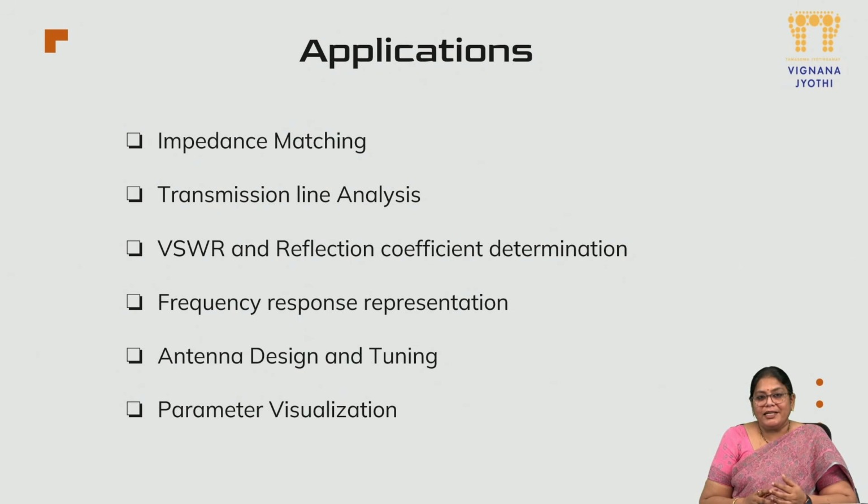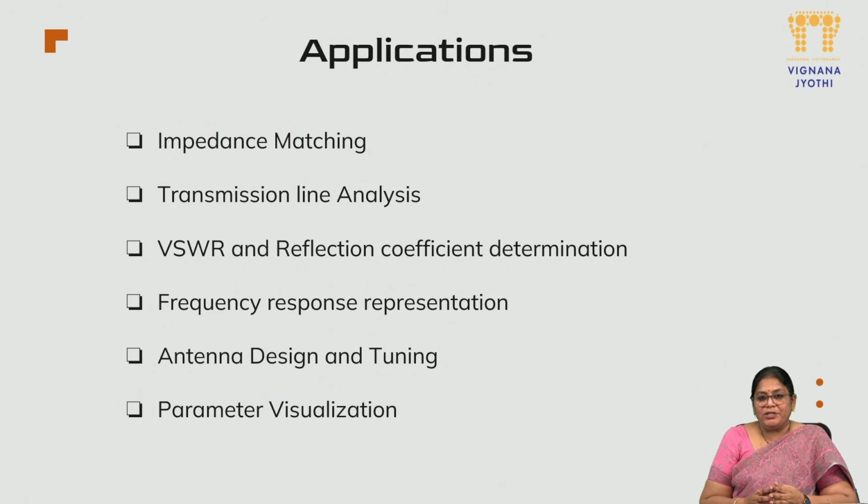Whenever your trace is passing through that particular value, that is when you can say it's a resonant frequency corresponding to the circuit. So frequency response representation is also a very important application, where we can get to know how the load impedance is varying with respect to frequency.